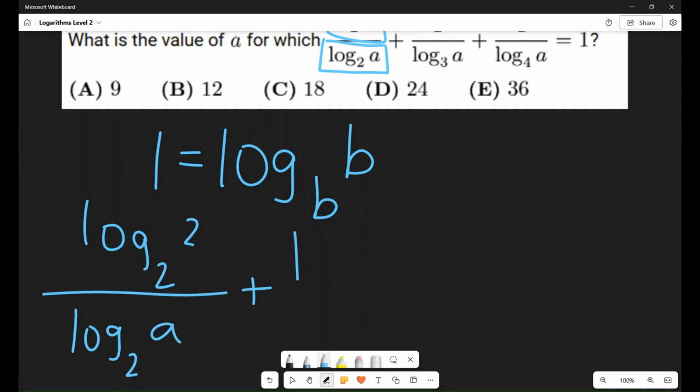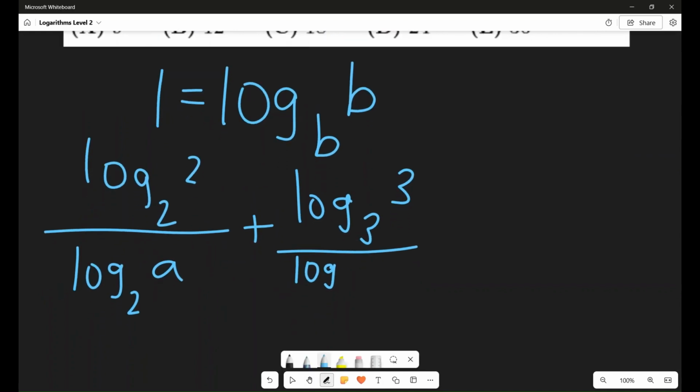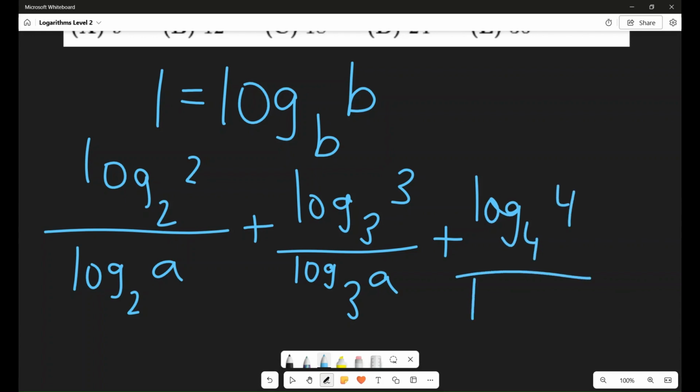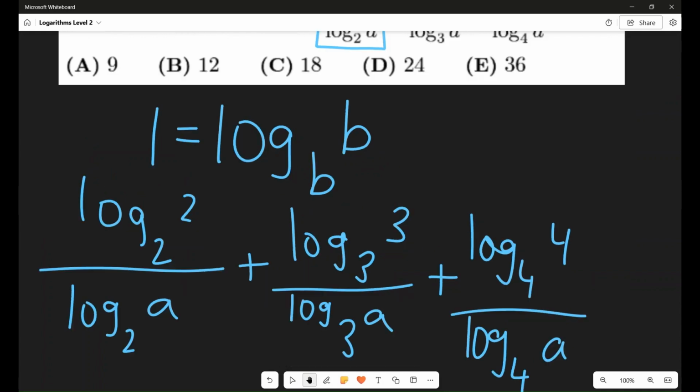So if we rewrite it using this substitution, we have log base 2 of 2 over log base 2 of a, plus log base 3 of 3 over log base 3 of a, plus log base 4 of 4 over log base 4 of a, and that should be equal to 1.